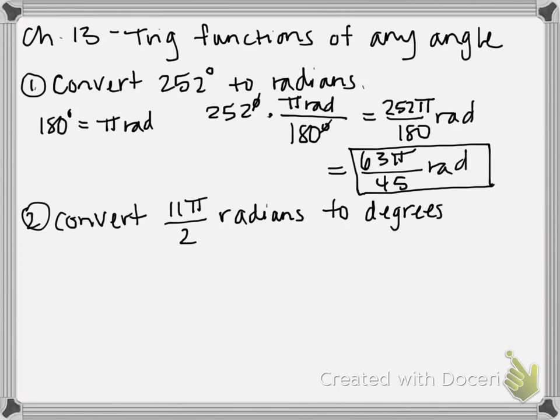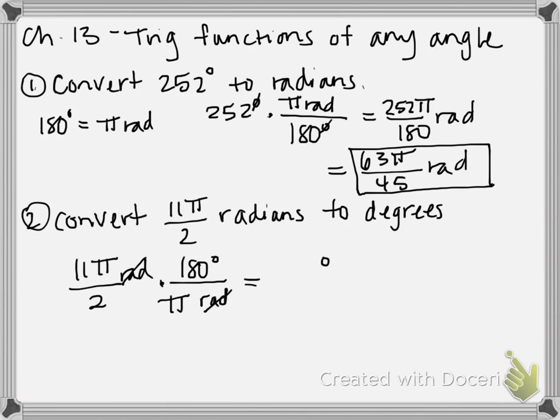Alright, now let's convert from radians to degrees. This time, I'm starting with radians, and I have to think of a conversion factor that will have me end up with degrees. So I want to cancel radians. I'm going to have to put pi radians in the denominator and 180 degrees in the numerator. This looks similar to the problem above, but my conversion factor is flipped around.